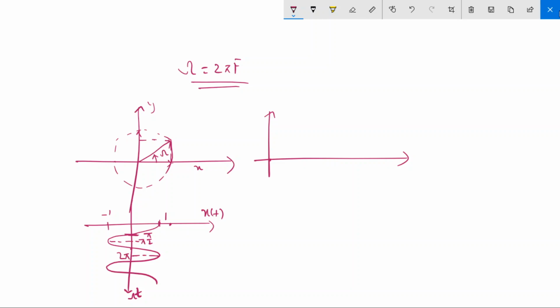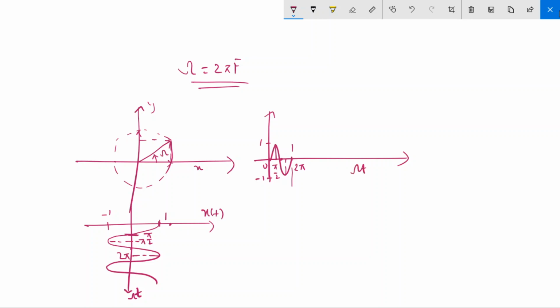So this is one complete cycle of the cosine function, and similarly you get it in the sine. The projection of this phasor on the y-axis generates a sine wave: 0 at start, maximum at pi by 2, 0 at pi, maximum in the negative direction, that is minus 1, at 3 pi by 2, and at 2 pi again 0.